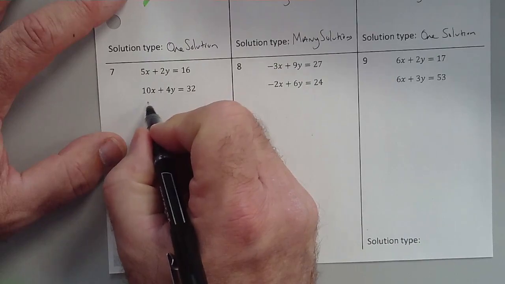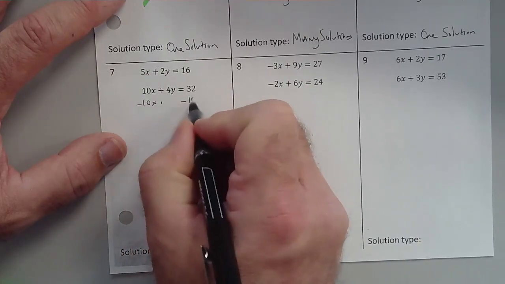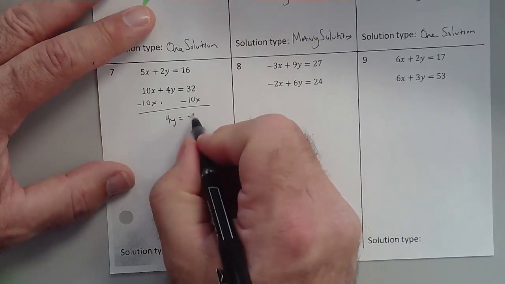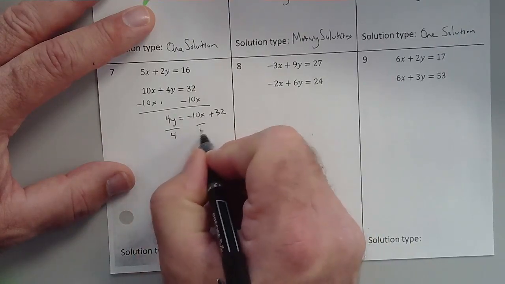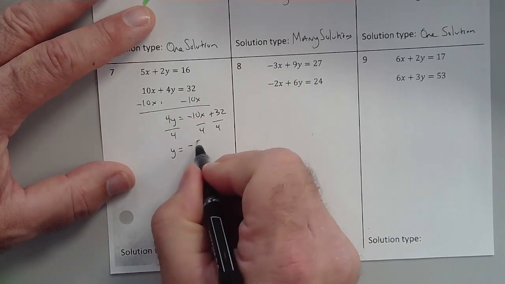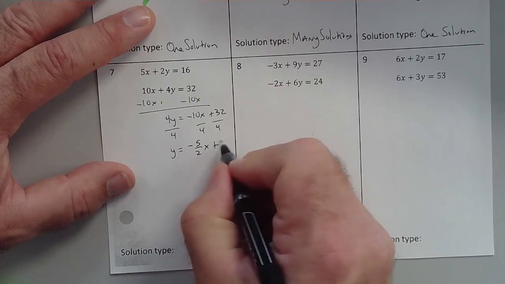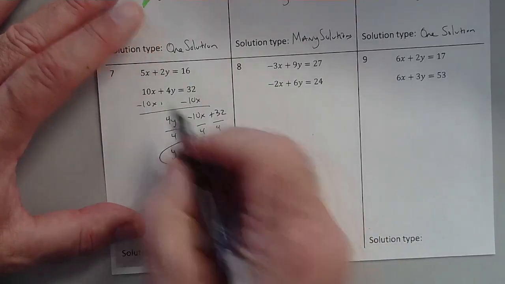Let's just do this one first because it's next to us. Minus 10x, and we get 4y equals negative 10x plus 32. Divide by 4. Y equals, and I'm going to simplify it right now, negative 5 halves x plus 8. That's one. Let's do the other one here.